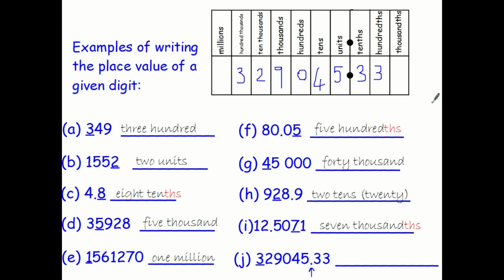Okay, so that is 329,045.933. And it's the 3 that's underlined, so it is 300,000.